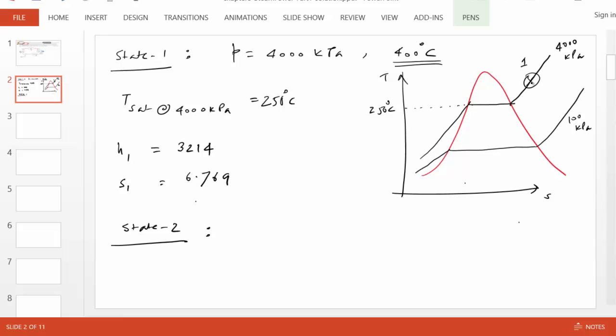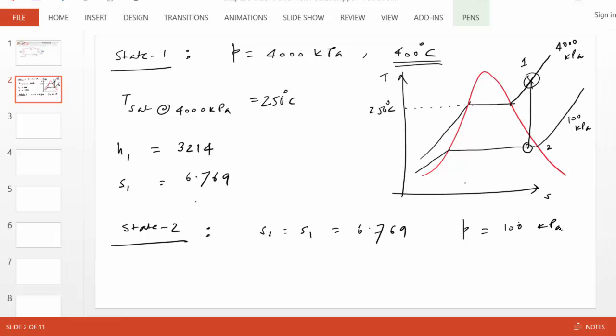In the turbine, entropy remains constant, so state 1 to 2 is isentropic, so entropy at state 2 is known. Also, we do know that the pressure at this state is 100 kPa.